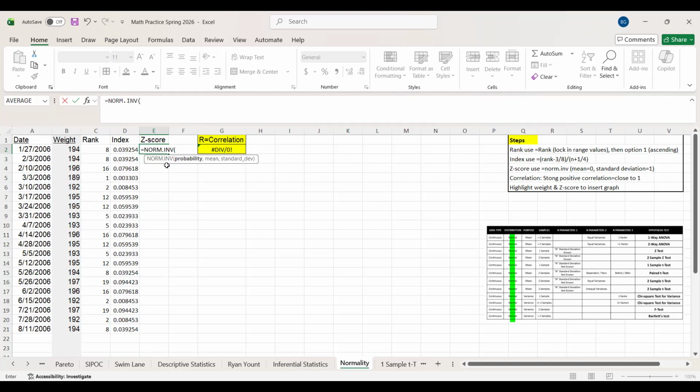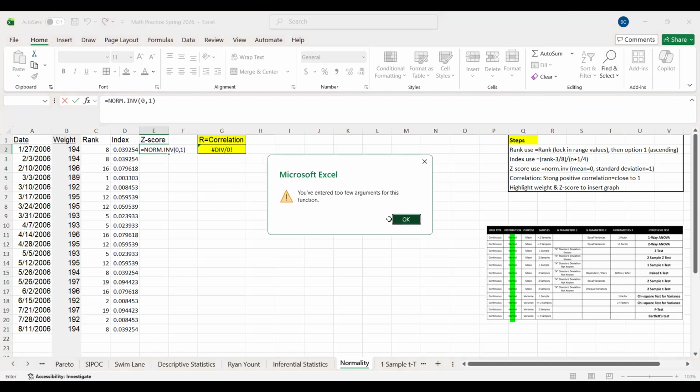Don't forget, if I have a perfect bell-shaped curve, then the mean is going to be 0. And then I'm going to do the standard deviations to the right and left: 1, 2, 3, -1, -2, -3. So in this case, I'm going to plug in 0 for a mean, comma, standard deviation of 1, close parentheses.